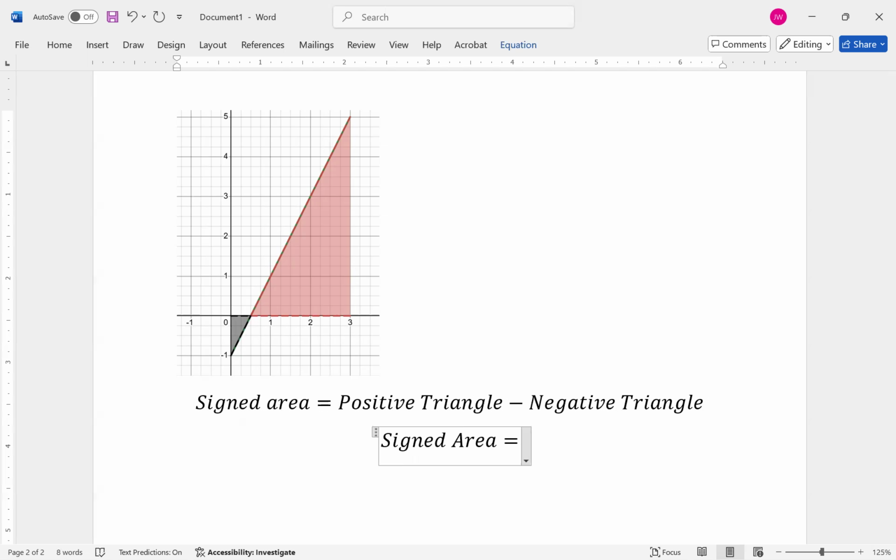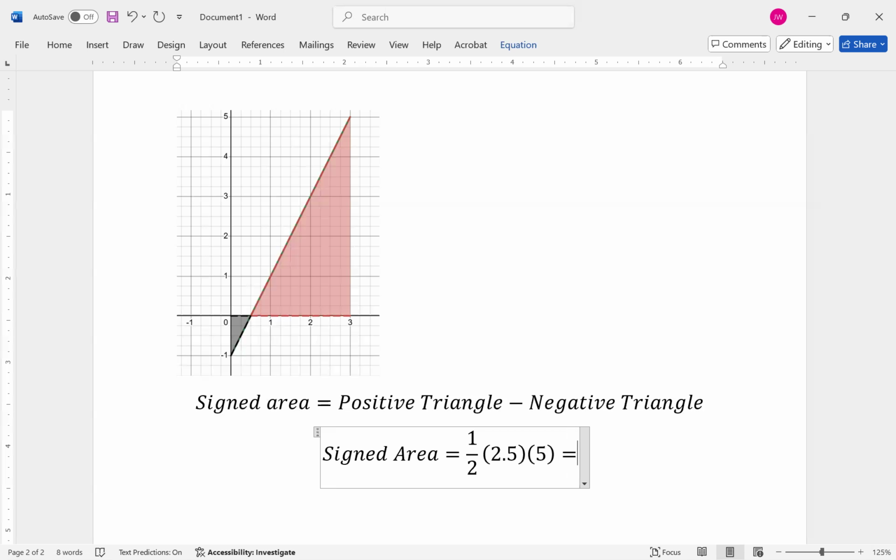So the signed area, let's do the positive triangle here, goes from 0.5 to 3. So its base is 2.5. And the height goes from 0 to 5. So its height is 5. So 2.5 times 5 times 1/2 gives you 6.25.